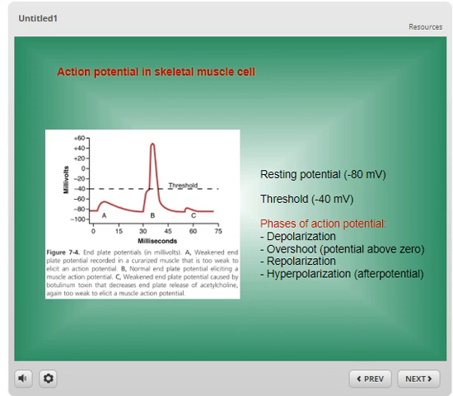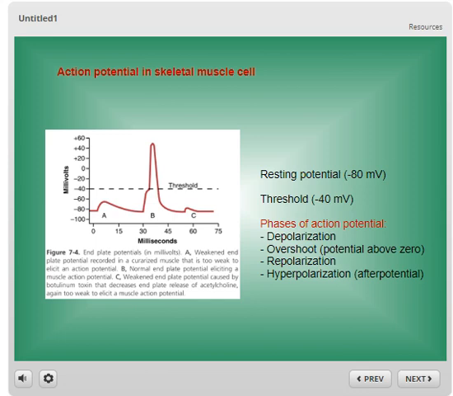The resting membrane potential is the electrical charge across the muscle cell membrane when the cell is not actively sending a signal. This is maintained by the distribution of ions, mainly sodium and potassium, across the membrane.